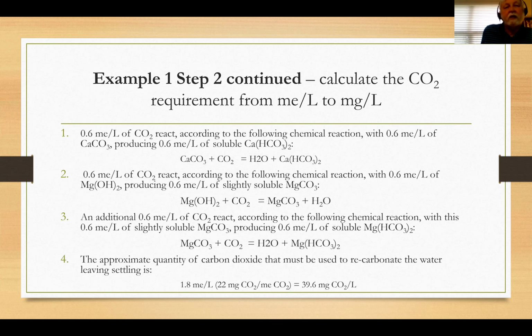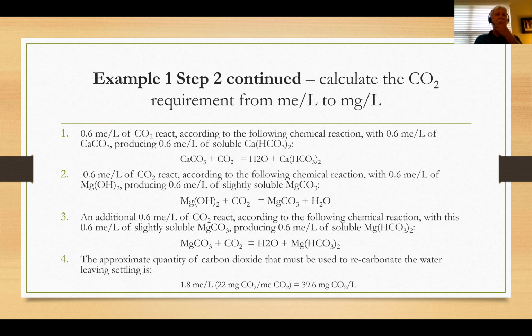And the approximate carbon dioxide that must be used to recarbonate is therefore 0.6 plus 0.6 plus 0.6, or 1.8, and times its equivalent weight, we end up needing about 40 milligrams of CO2 per liter to recarbonate this single stage example. Next slide, please.